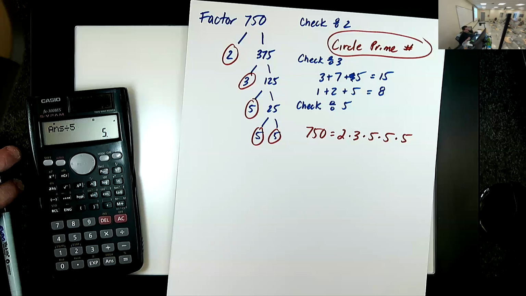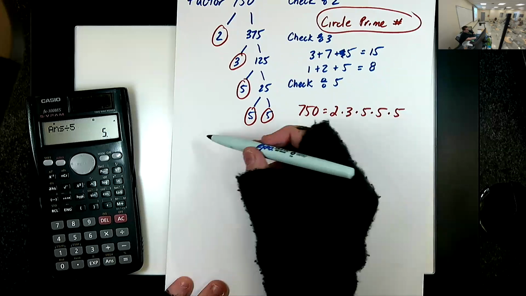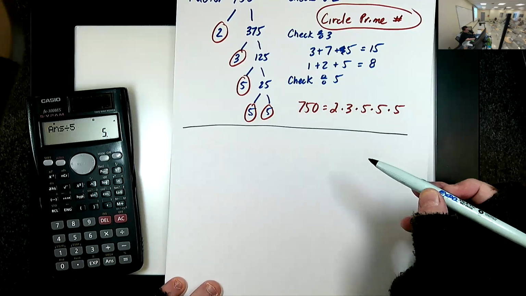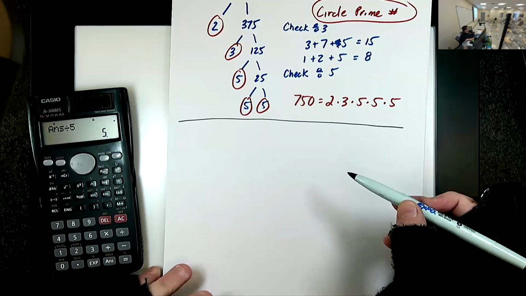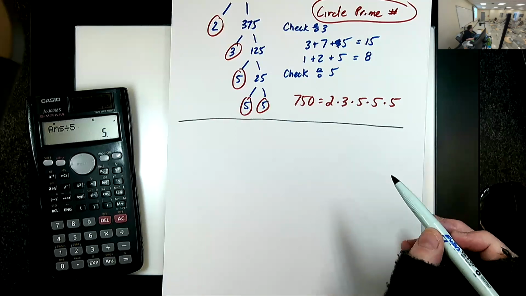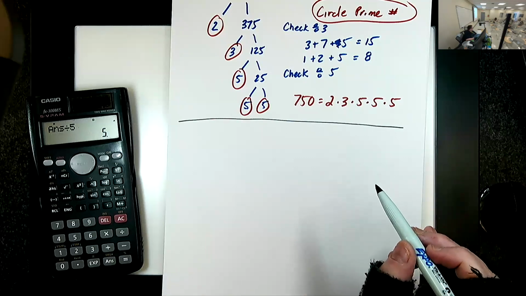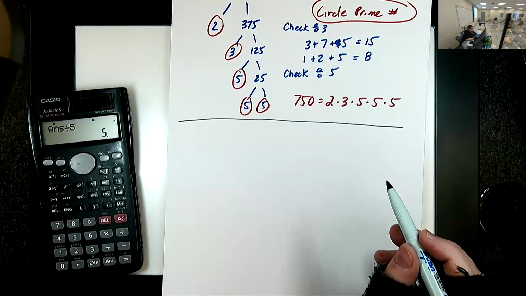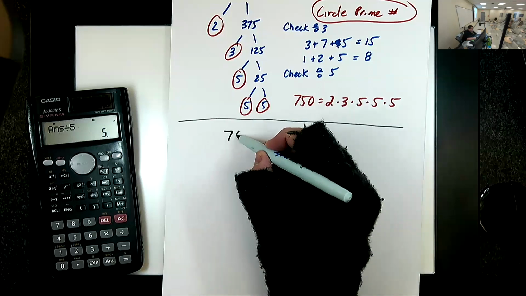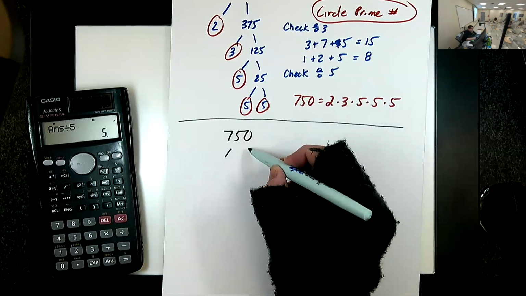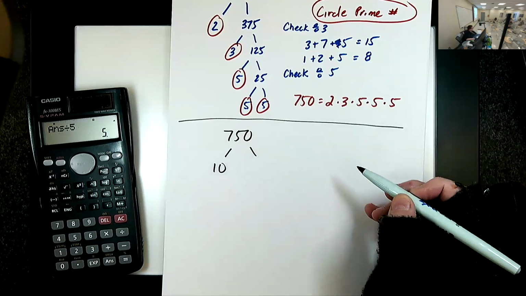All right, so another way to do this 750, which I think is helpful, is recognizing right away that it ends in a 0, which means it's divisible by 10. I know 10 is a number.